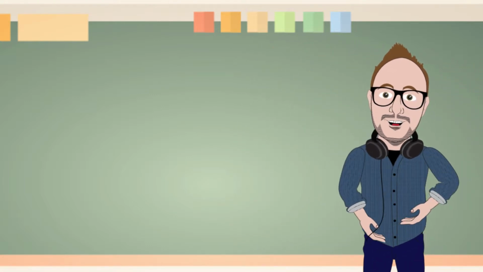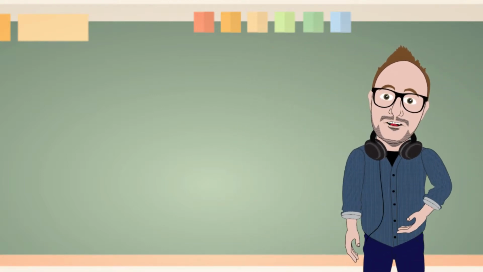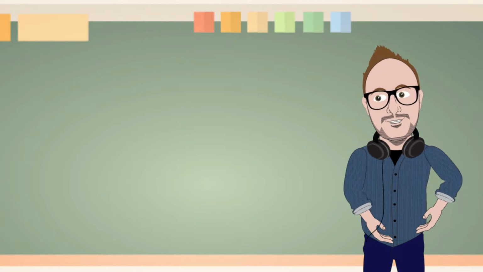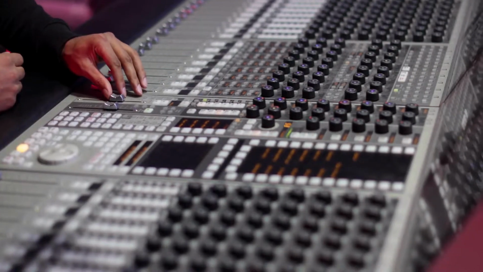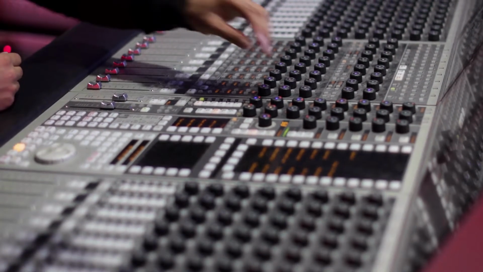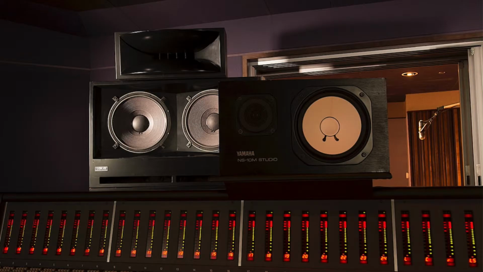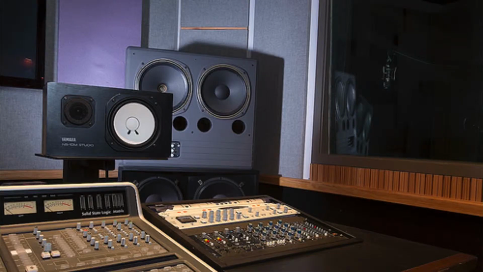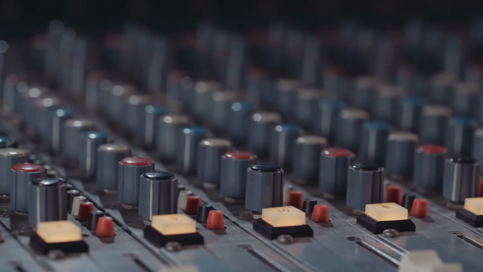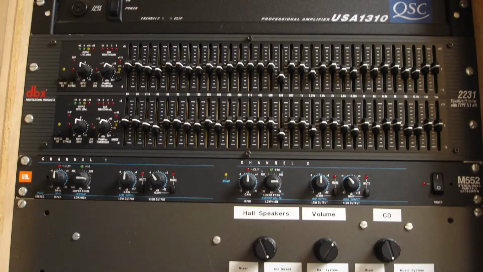So let's talk about how to properly use your studio monitors. First things first, setting up your room and positioning your studio monitors. When you step into a professional recording studio and you see the delicious and intimidating selection of studio monitors on display, not only have those monitors been precisely placed where they are, specific to the dimensions of the control room and where the engineer will be sitting, but they have also been tuned to the room using an advanced type of gear called crossovers.